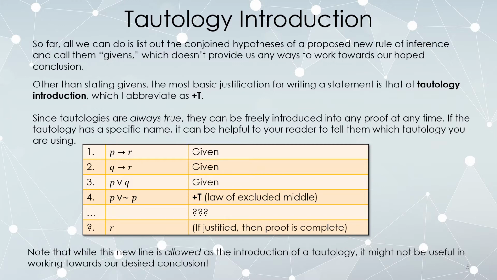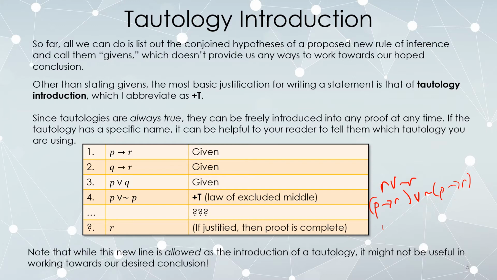Of course, I can do lots of other tautologies. I could have introduced, for example, R or not R. I could have introduced P implies R or not P implies R. This is still the same tautology. Okay, notice what I have is a statement or its negation. This is still the law of the excluded middle.